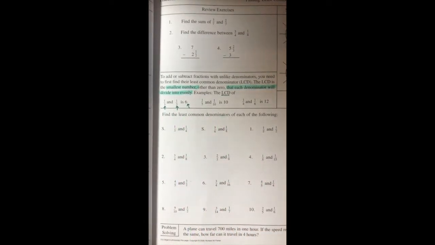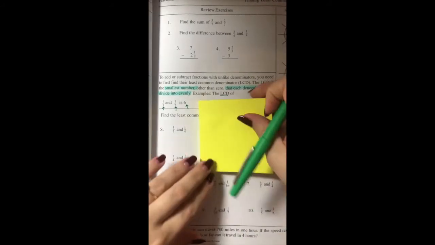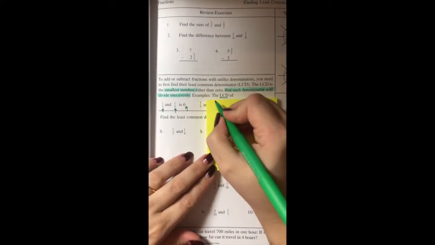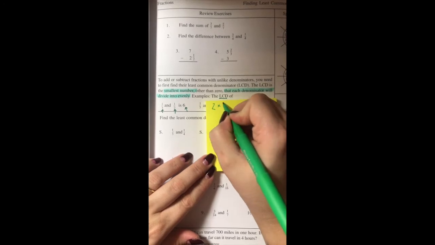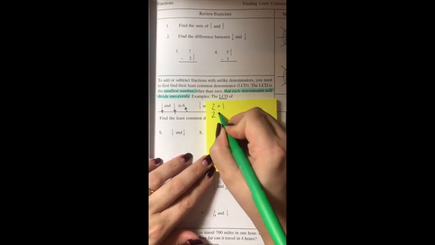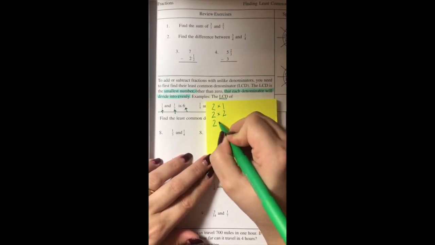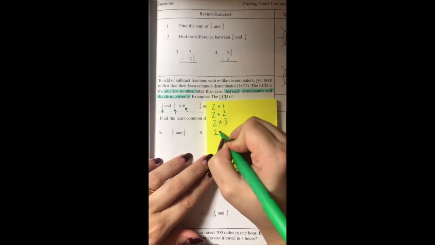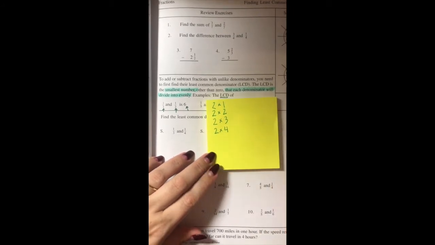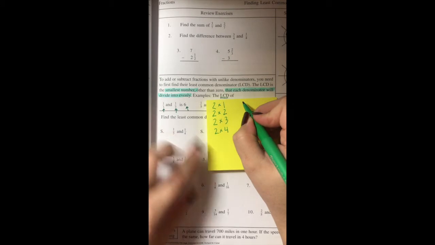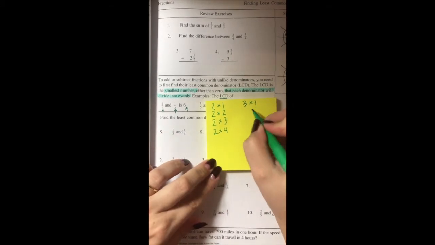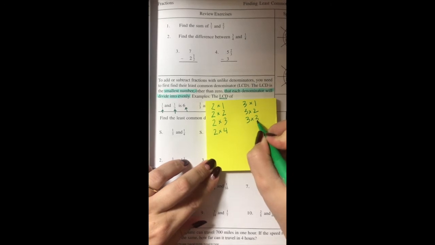And to give you another visual, if I were to do 2 times 1, 2 times 2, 2 times 3, 2 times 4 as an example, and then we'll do 3 times 1, 3 times 2, 3 times 3, 3 times 4.